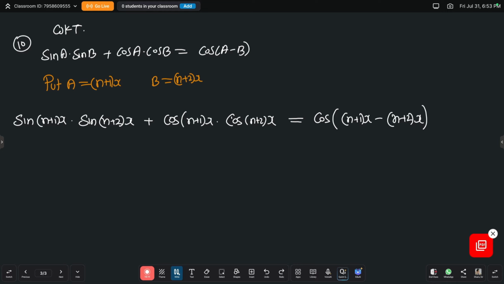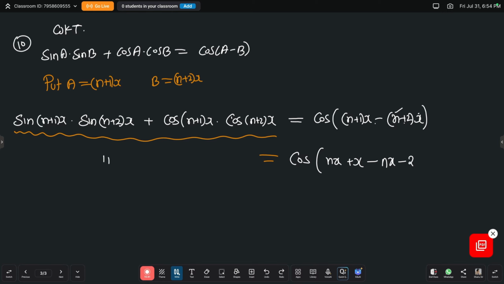If you observe, you already have the left hand side as it is, correct? In question number 10, the left hand side is as it is, so we should not solve it again. We will work on the right hand side. Let's copy it here and solve here only. Cos of n into x, nx, x into 1, x, minus n into x, nx, plus minus 2x.